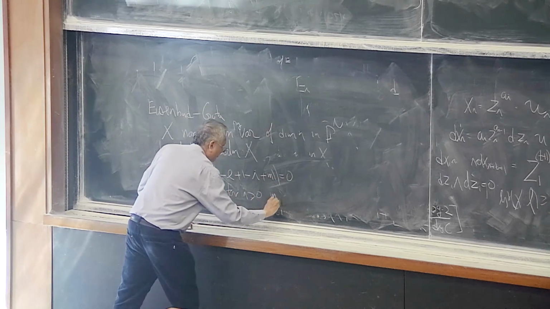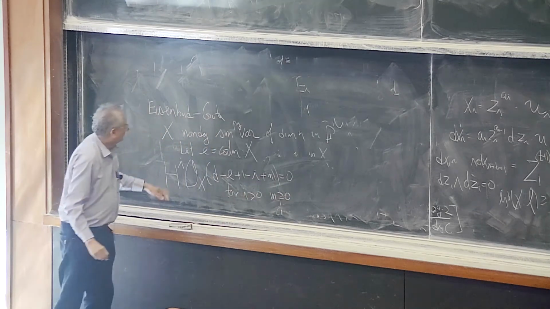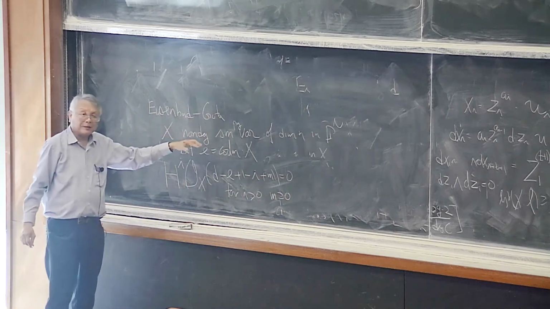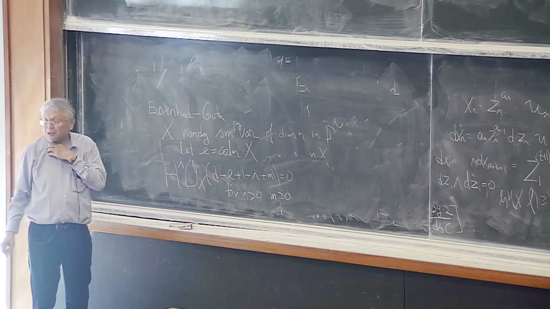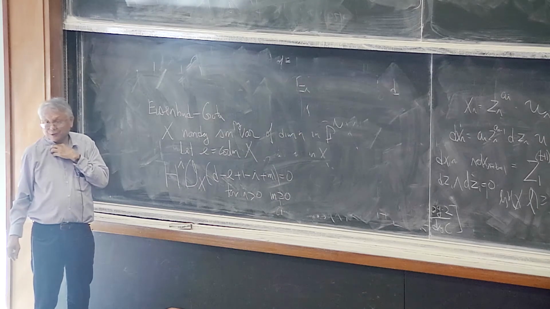So this is basically an effective version of a Castelnuovo-type vanishing theorem, only depending on the degree of the variety.